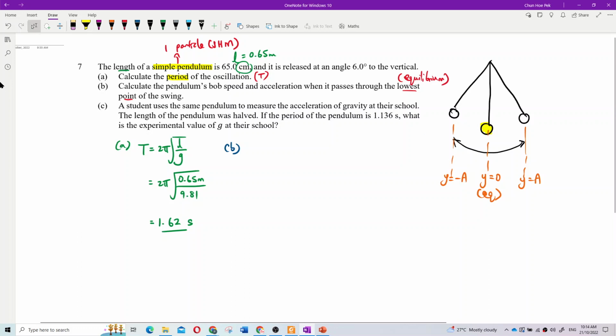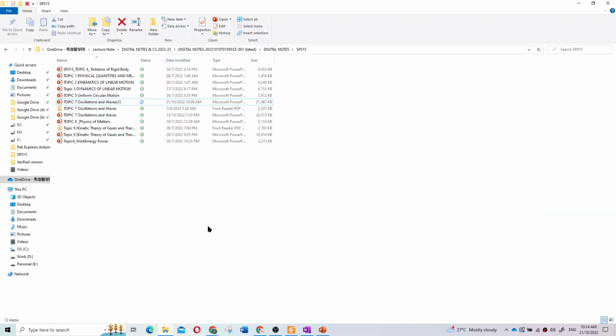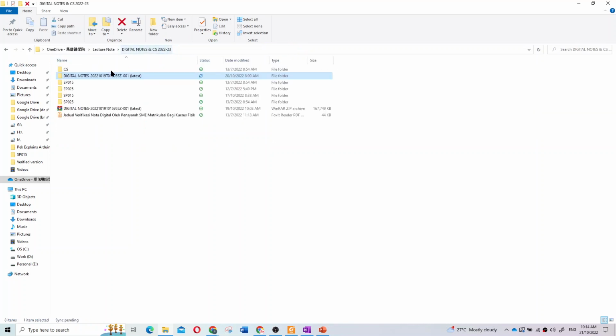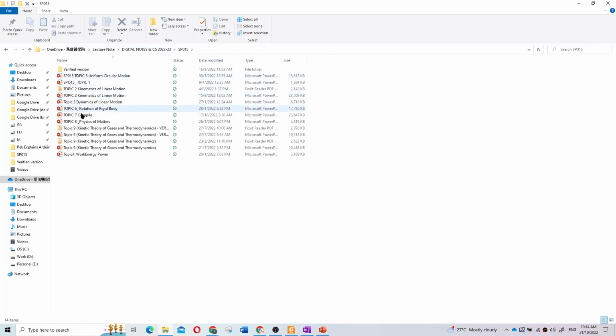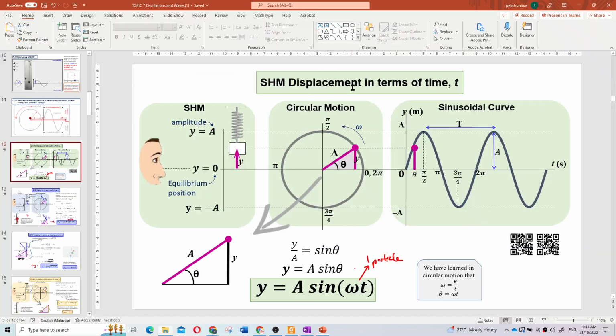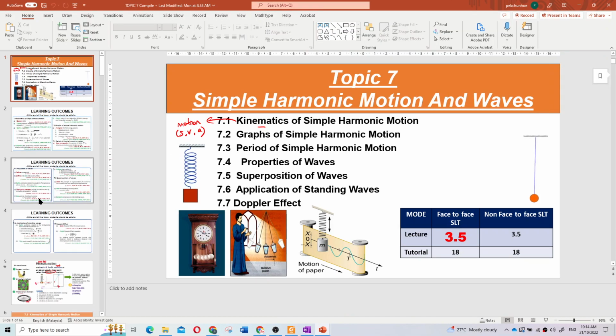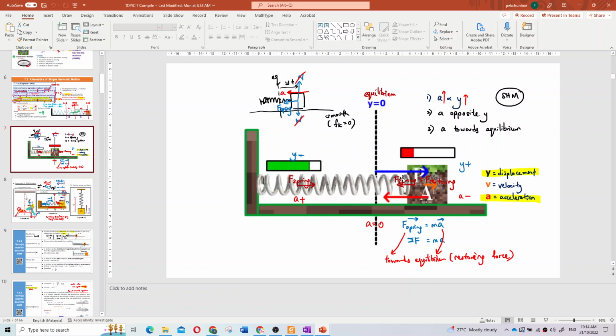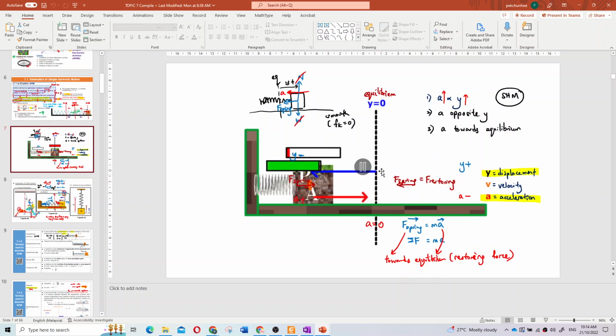Maximum. Maximum. Masih ingat itu simulation hari tu saya tunjuk? Nak buka lagi. Tengok velocity maximum di equilibrium kan, betul tak?